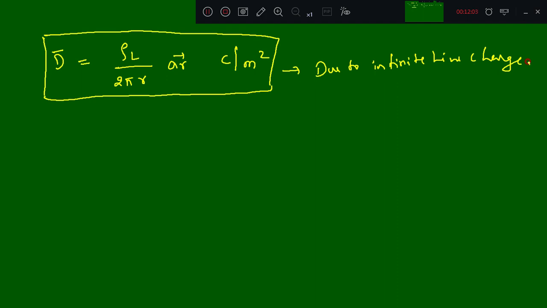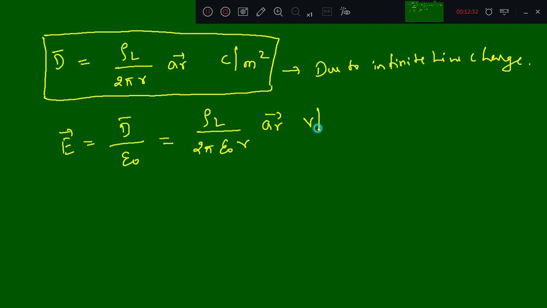The same equation we can use to calculate the E value. E is equal to D divided by epsilon naught. So if I put this value, you will get rho L divided by 2 pi epsilon naught r into aR, in volts per meter.